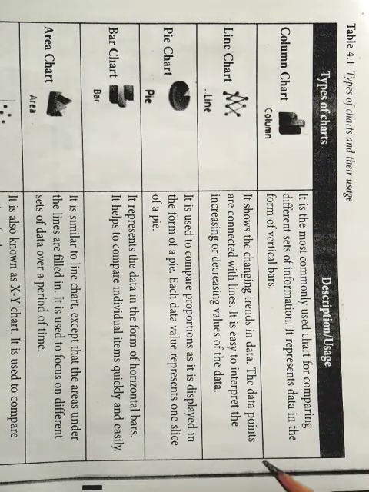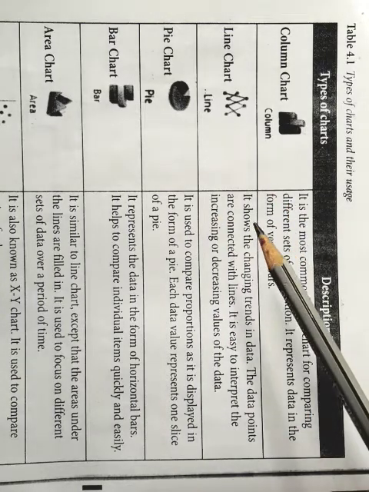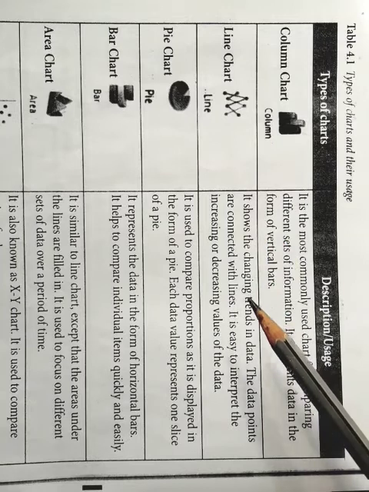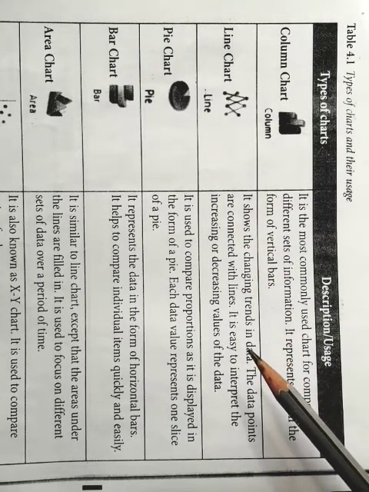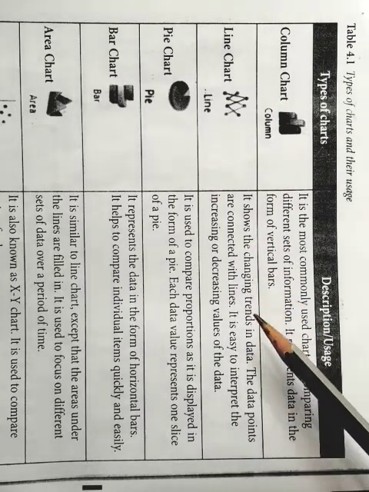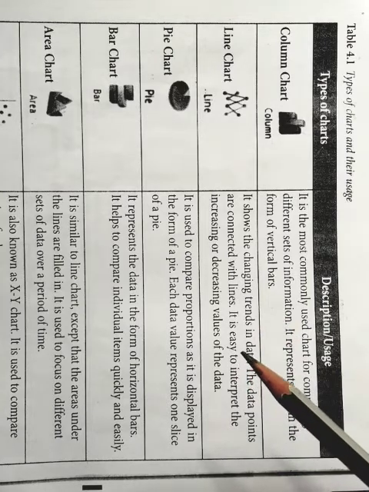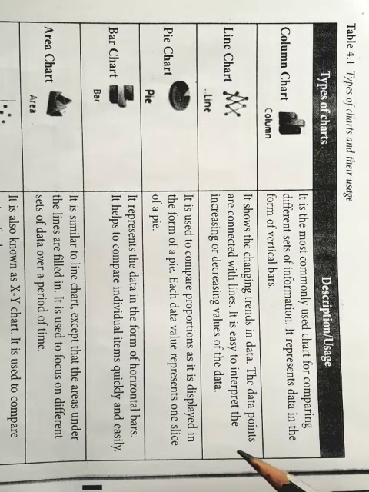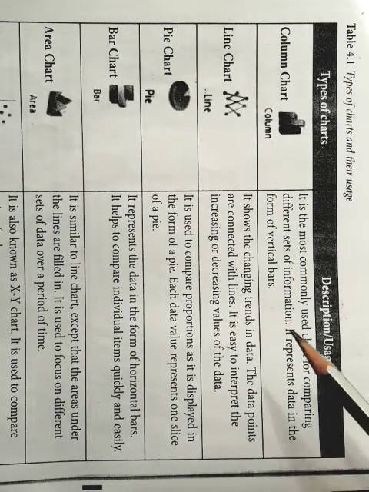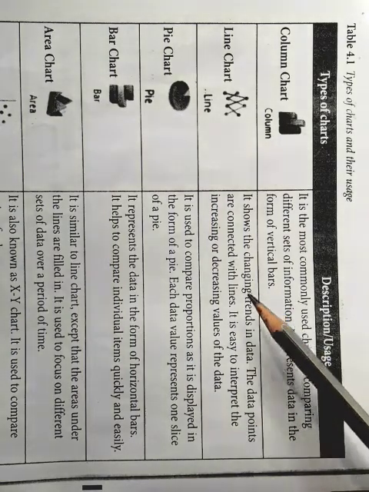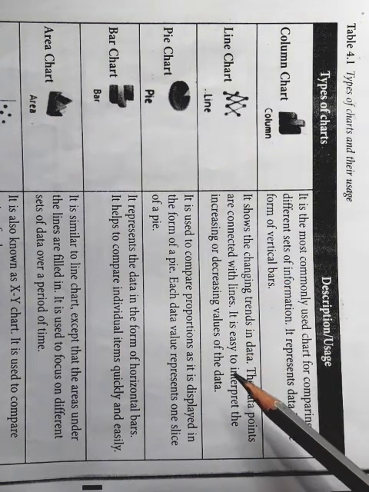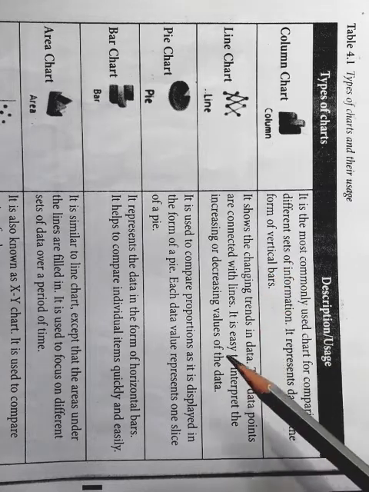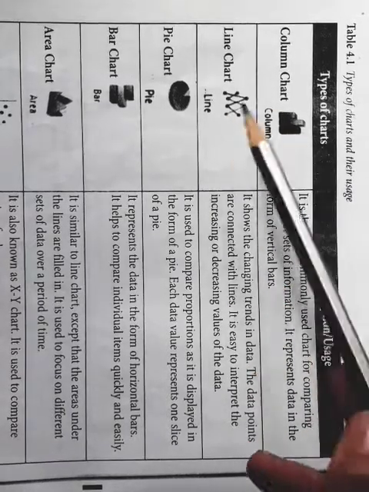The next chart type is the line chart. It shows the changing trends in data. Just now I have told the meaning of trends: rise or fall in something. You can say rise or fall in price, rise or fall in demand, rise or fall in supply. So the changing trends in data are shown by using a line chart.